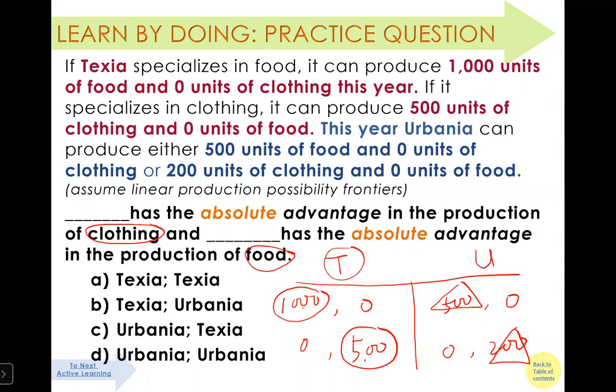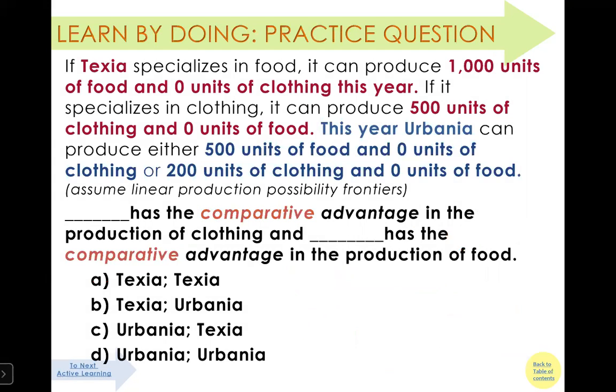So Texia has absolute advantage in producing both. However, one economy having absolute advantage in producing both doesn't mean it has comparative advantage in everything. That's impossible.